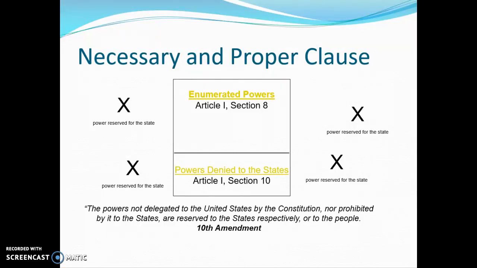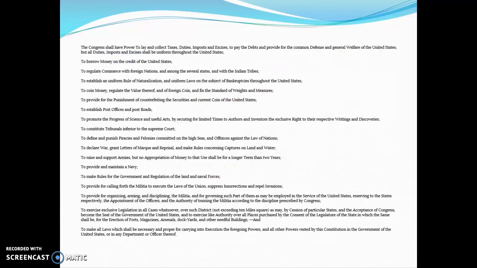So of course we screwed it up. In McCulloch versus Maryland, they screwed up this really nice checklist system that we had. Here's what they did. They took this list and they said, here's a phrase, necessary and proper.